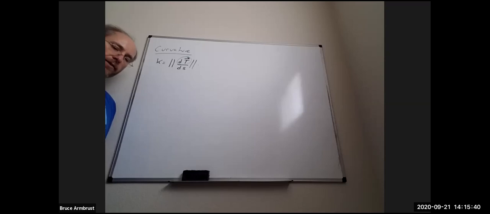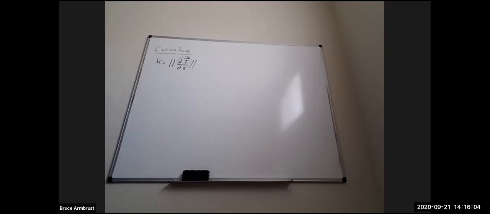So you'll get curvature that is a function of s, because the curvature is going to depend on where you are. It just worked out that in this case it didn't, because it was a circle, and curvature is always the same with a circle. So is that good? That's great.